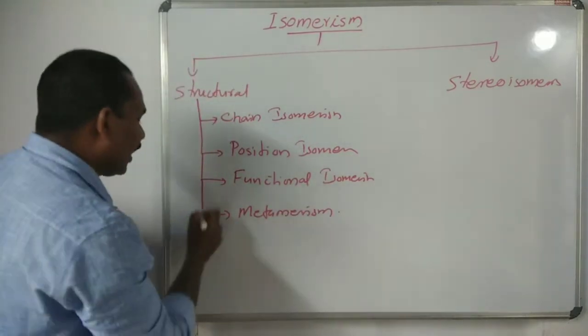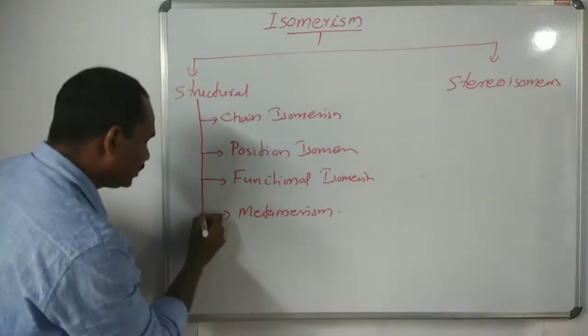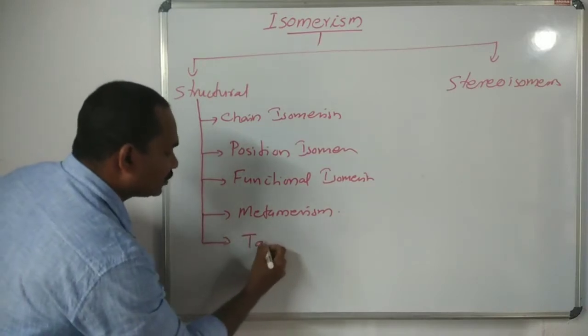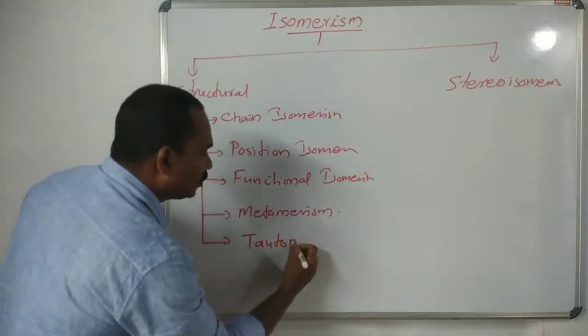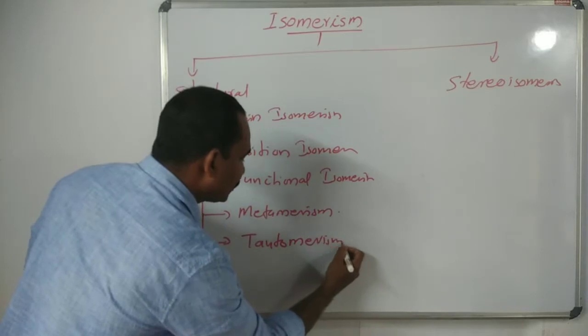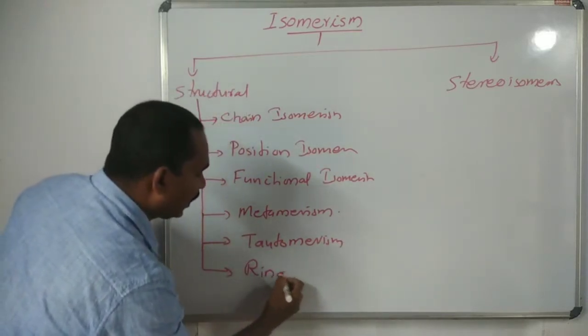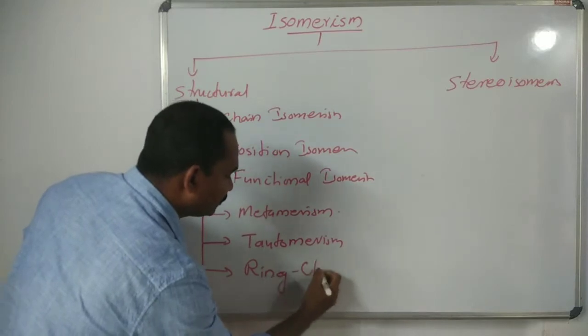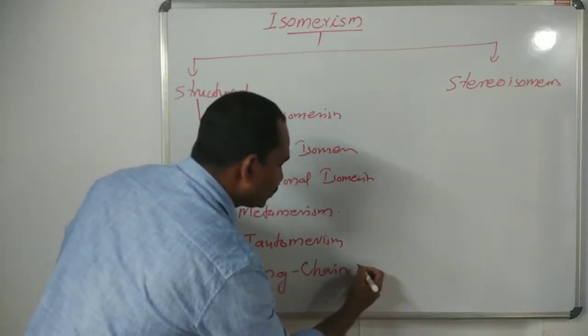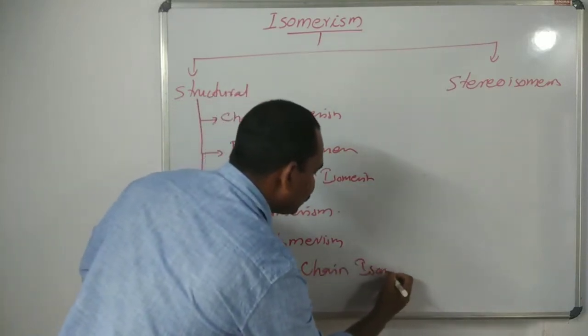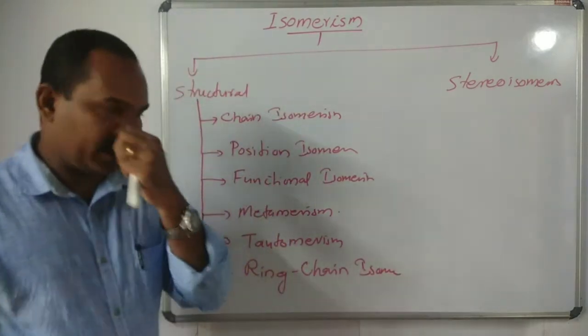Two more additions are tautomerism, and the sixth one is ring chain isomerism. Are you clear?